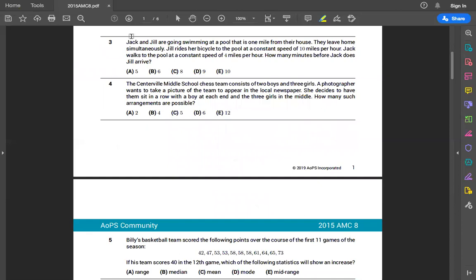So Jack and Jill are going swimming at a pool that's 1 mile from their house, and they leave simultaneously. Jill rides her bicycle at 10 miles per hour, and Jack walks at 4 miles per hour. We want to know how many minutes before Jack Jill arrives. If Jill rides at 10 miles per hour, she'll go 1 mile in 1/10 of an hour, which is 6 minutes.